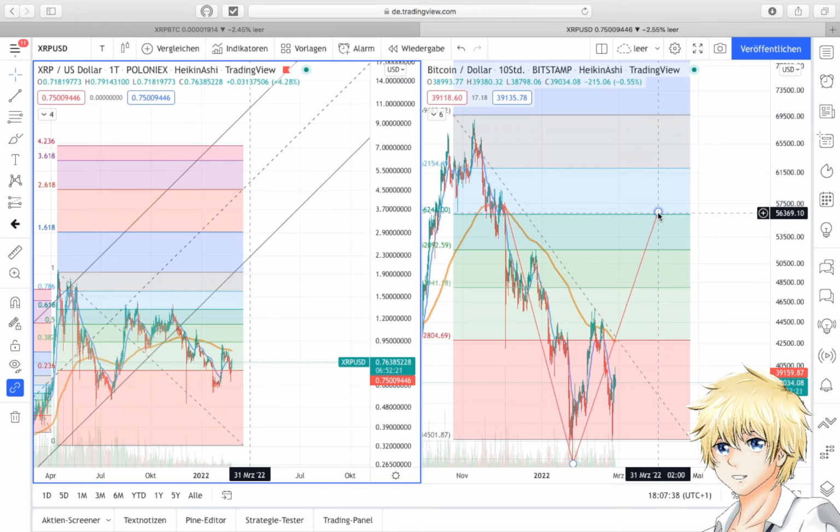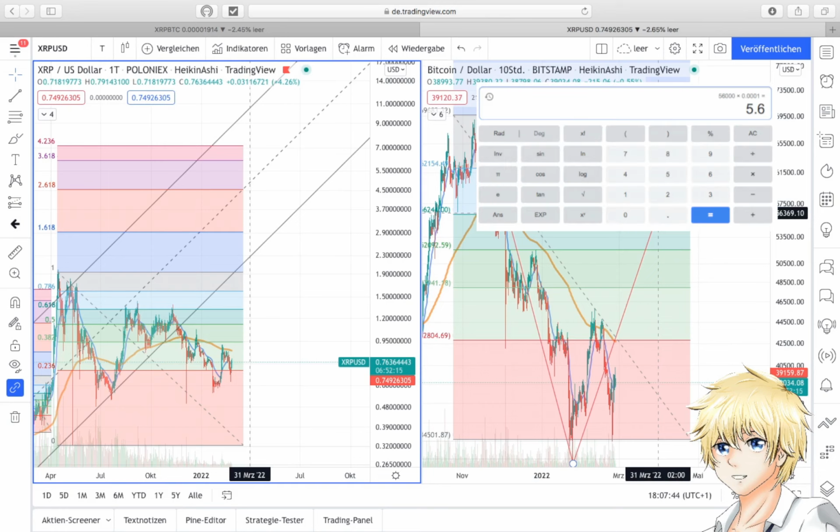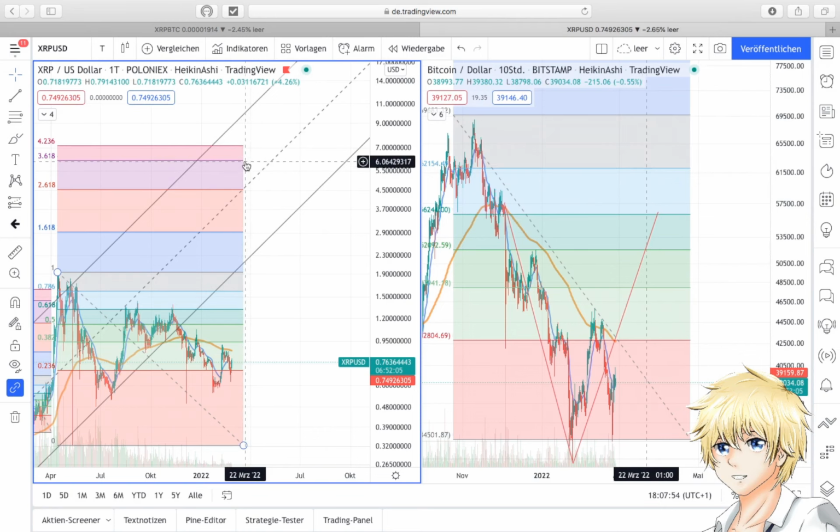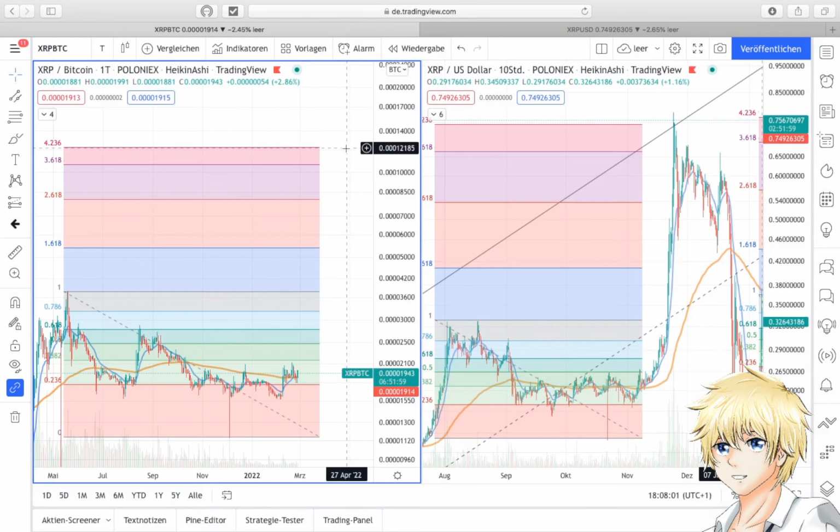I take $56,000 times 0.0001, and I get a result of 5.6. So I will get a target of 5.6, which will be right here, which is quite aligning to what we figured out here.